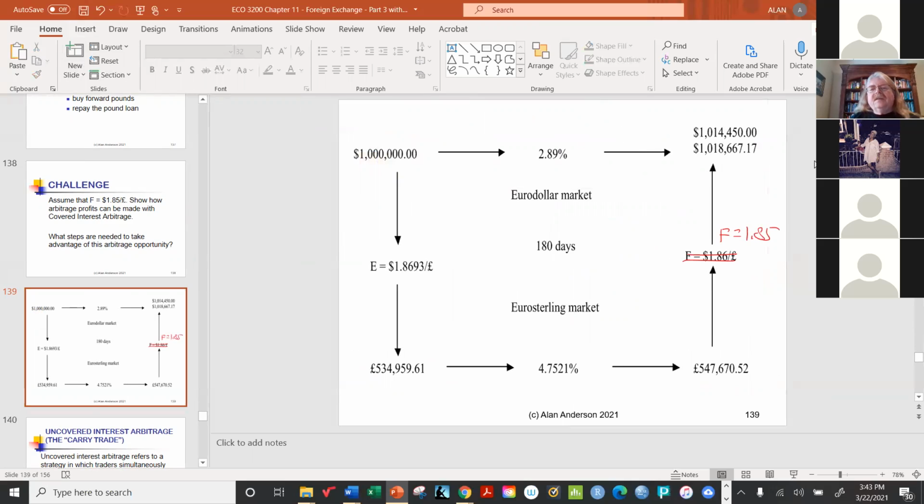And you can get rid of this. And ignore the arrows. They're going the wrong way now. So basically, start at the beginning. Start with $1 million worth of pounds, that is, and work your way around this diagram and see what you can come up with. All right, so I'll give you a few minutes to take care of that. We'll see how you did.